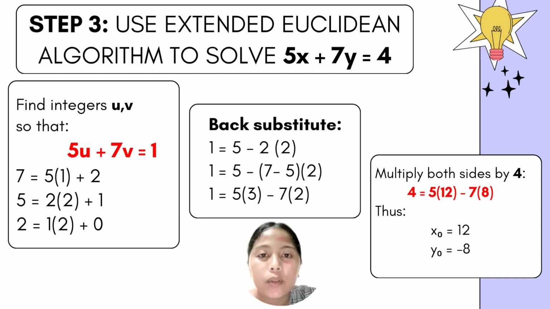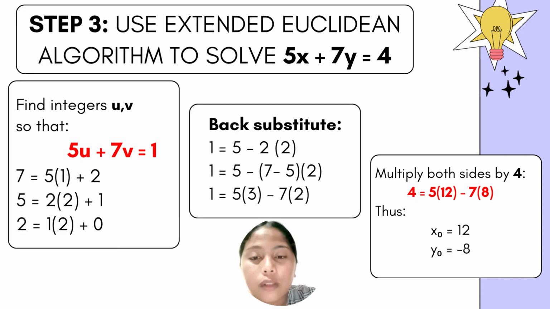Now, we need to use the extended Euclidean algorithm to solve 5x plus 7y is equal to 4. To find the integers, we use the variables u and v so that the equation can be expressed as 5u plus 7v is equal to 1, where 7 is equal to 5 times 1 plus 2, because 5 times 1 is 5, then we add the 2 to get 7.